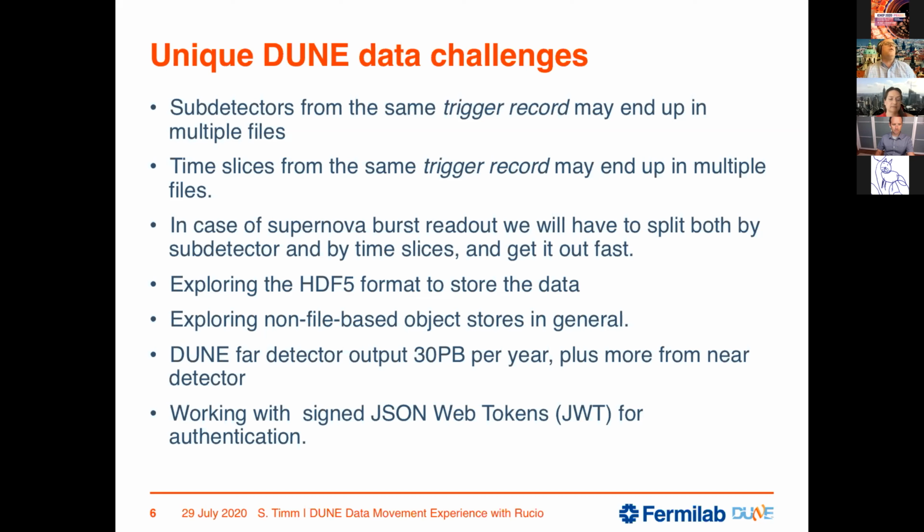So particularly because of the one trigger record split across multiple files, our existing data handling format, our existing metadata format, we conclude is not sufficient for the way Fermilab has been doing things for the last 20 years or so. And we need to write a new system.